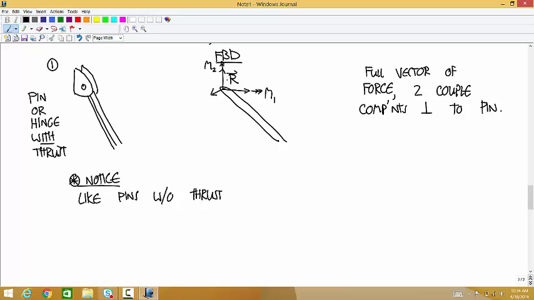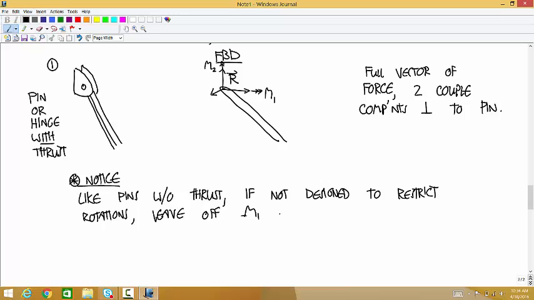If it's not expected to prevent the rotations in the direction of M1 and M2, then you leave off those couples M1 and M2. So if it's not designed to restrict rotations, leave off M1 and M2.